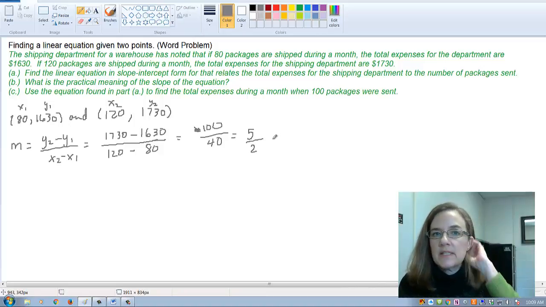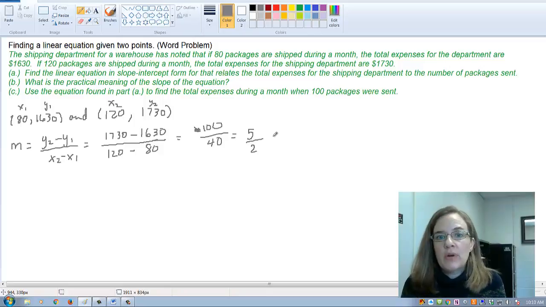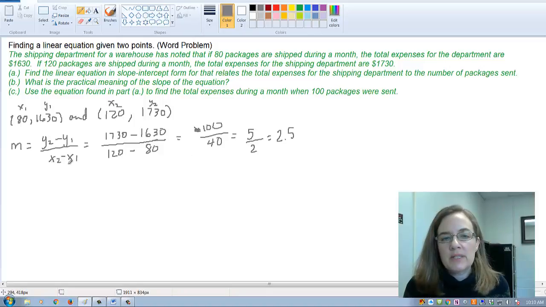Now, 5/2 is a good rational number because it terminates. We could have 2.5 because it doesn't just keep going, but I'm going to keep it at 5/2. That's usually what my math lab will accept, and it's good to practice that. I'm going to use the slope-intercept form to find my line here.